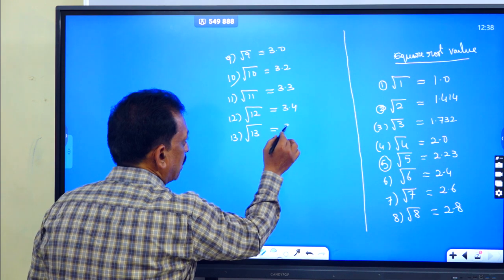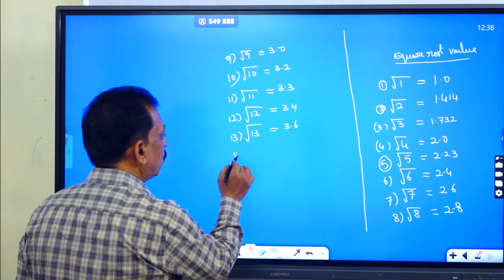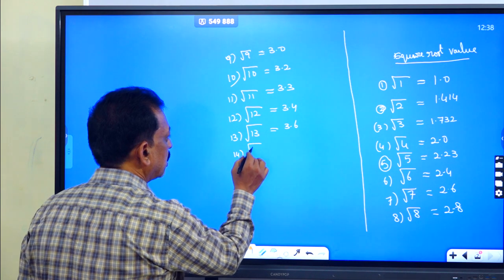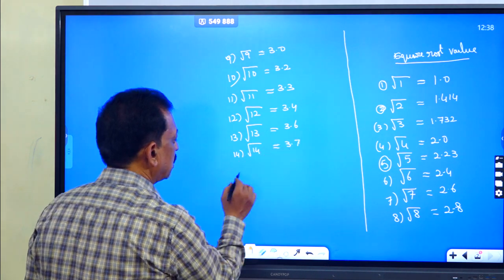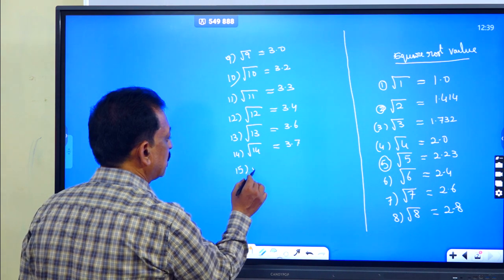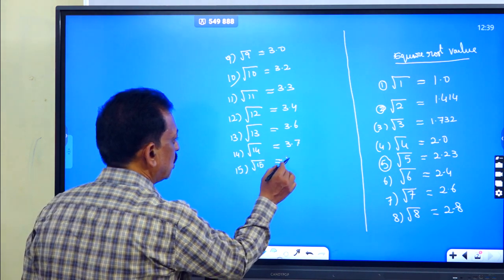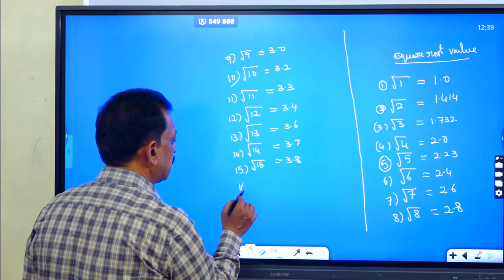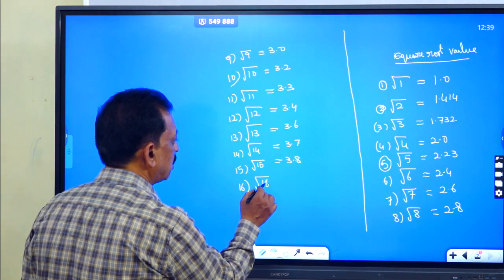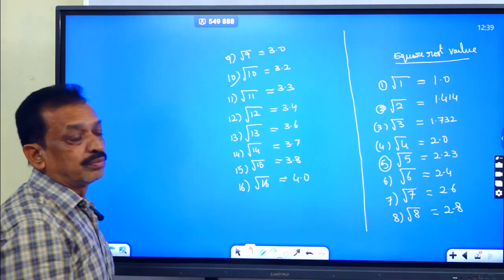So root 13 is equal to 3.6, and root 14 is equal to 3.7, and root 15 is equal to 3.8, and next root 16 is equal to how much? 4.0. Okay.